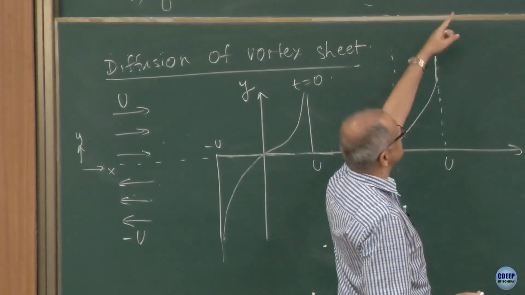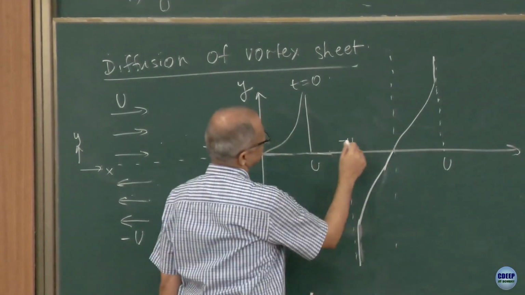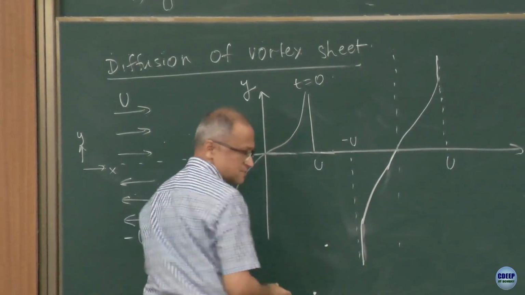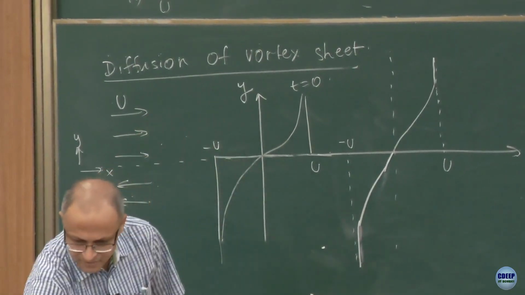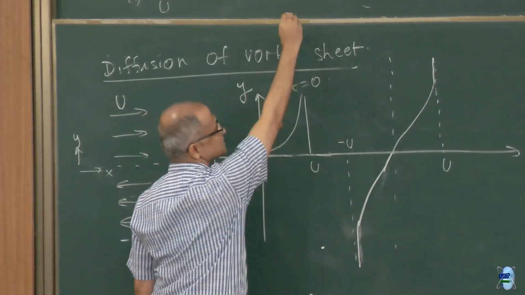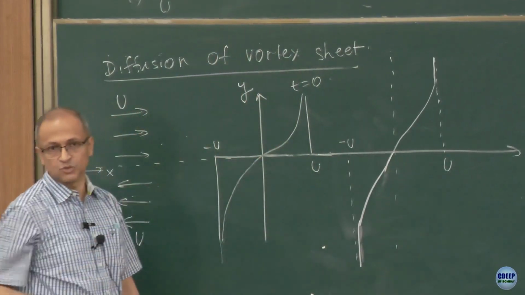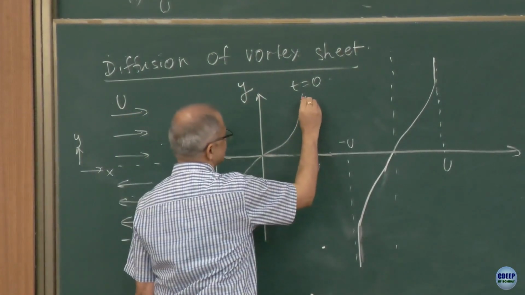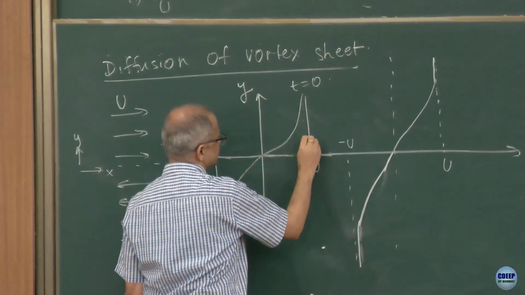So how do we look at it? We have to define a point somewhere here, where the velocity becomes not U. This solution will asymptote, so it can only reach U at infinity. But let us define a cutoff.